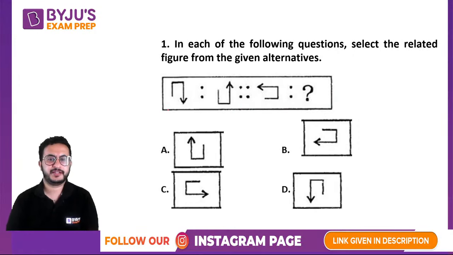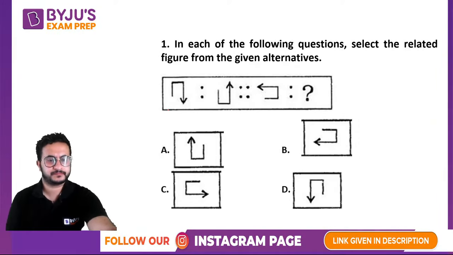So we need to tell what that relation is. It's a very simple relation. If you see the image, you'll be able to easily identify that.